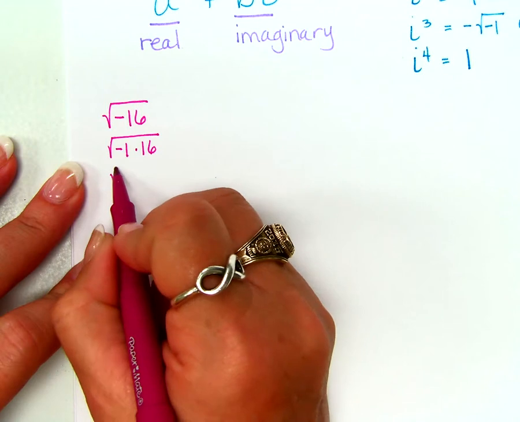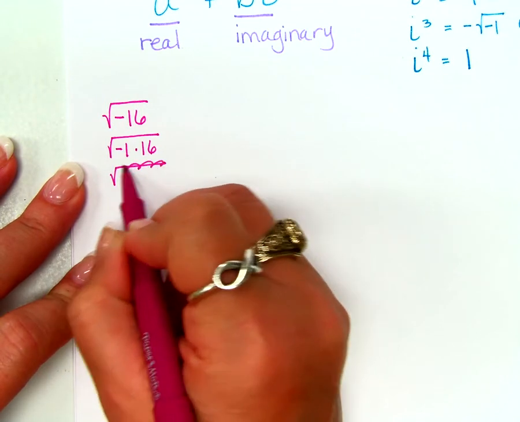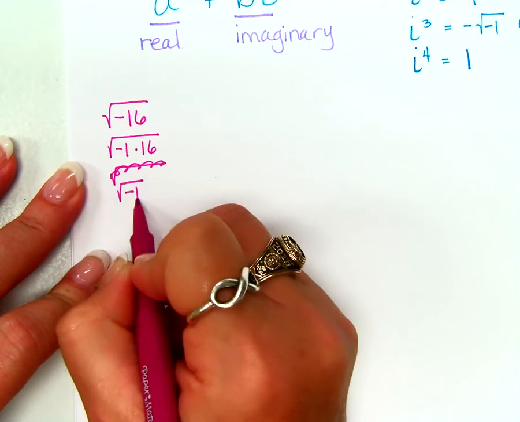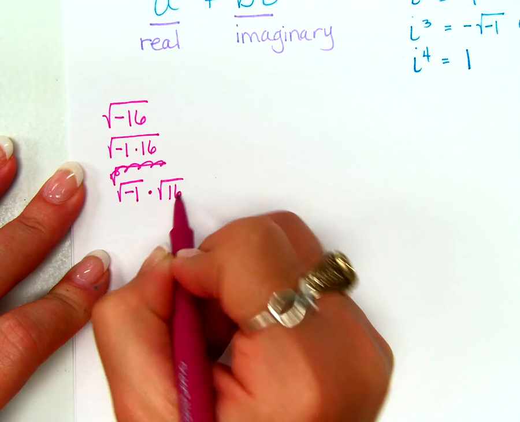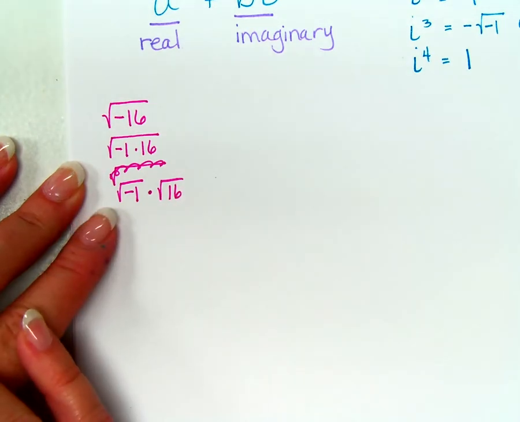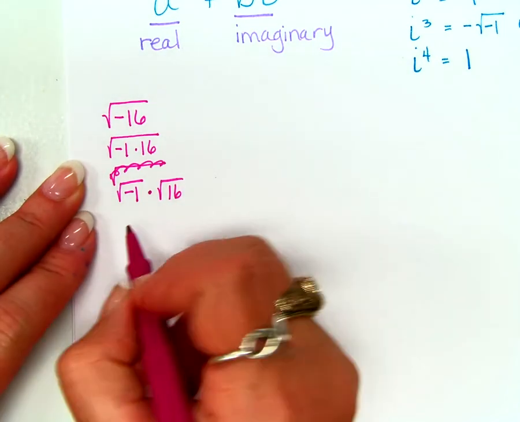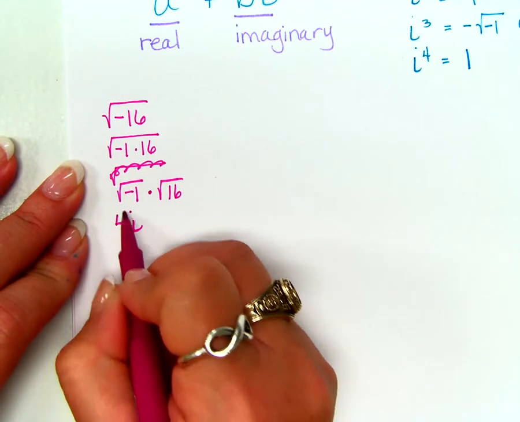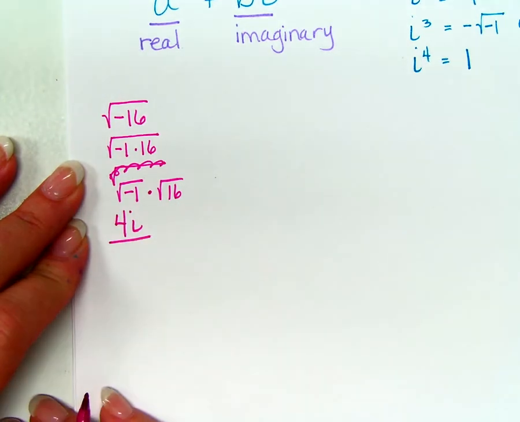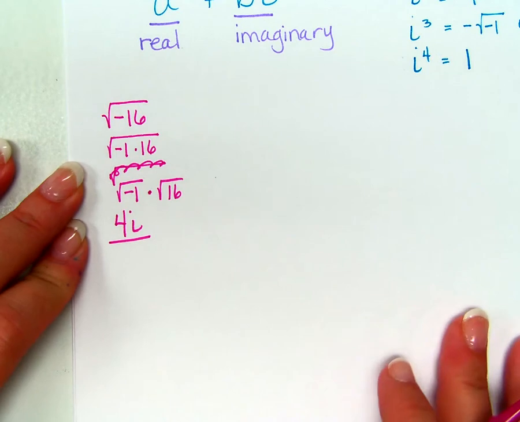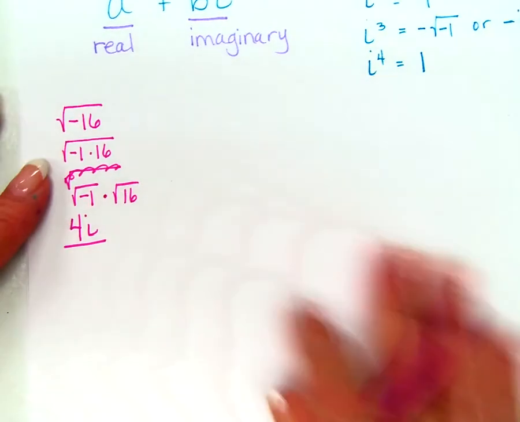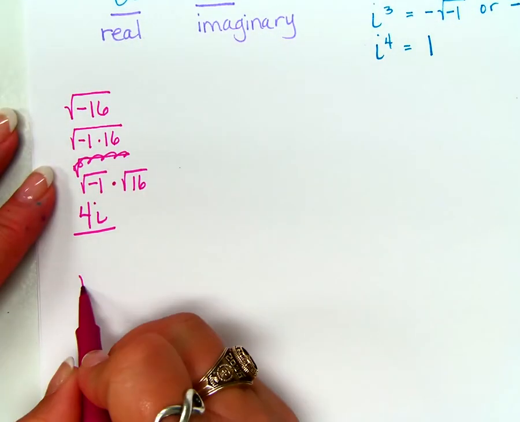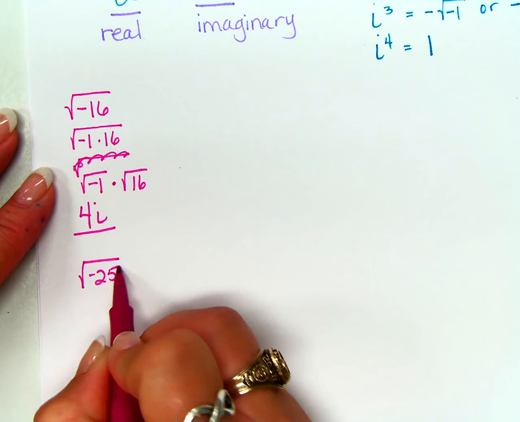Because of properties of radicals, I know I can rewrite it like this. What is the square root of negative 1? i. What is the square root of 16? 4. Done. The difference, well, we'll talk about the difference in a second. What about if it's the square root of negative 25? Same thing.